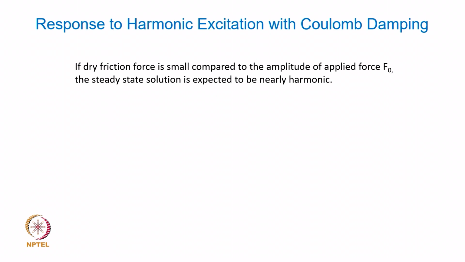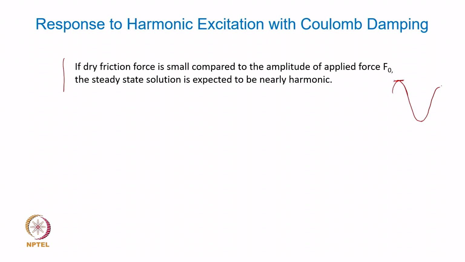So, it is strictly not a linear governing equation of motion, but we now make an assumption that if the dry friction force is small compared to the applied force F naught, then instead of the response being bilinear, where in one half oscillation it follows one governing equation and in the other half cycle another governing equation, if the amplitude of the friction force is small, the entire cycle can be assumed to be close to harmonic, nearly harmonic.